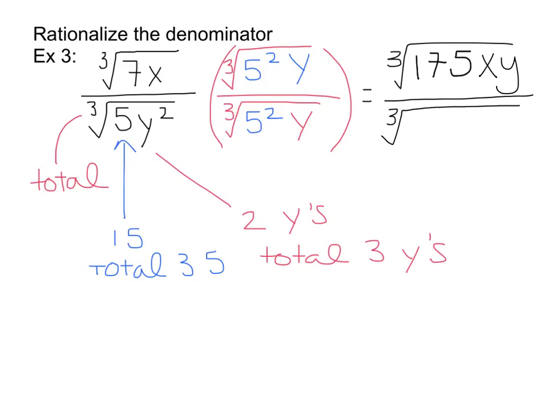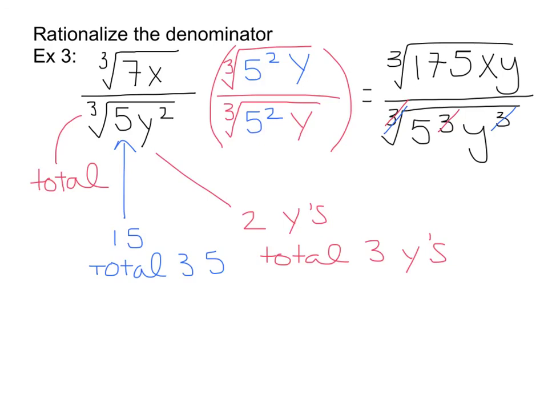In the bottom, you have one 5 and two more 5s, so we have a total of three 5s. Again, two y's, one more y, which gives me a total of three y's. Now we would need to simplify the denominator. Since this is a 3 and this is a 3, it cancels out. Since this is a 3 and this is a 3, that's going to cancel out.